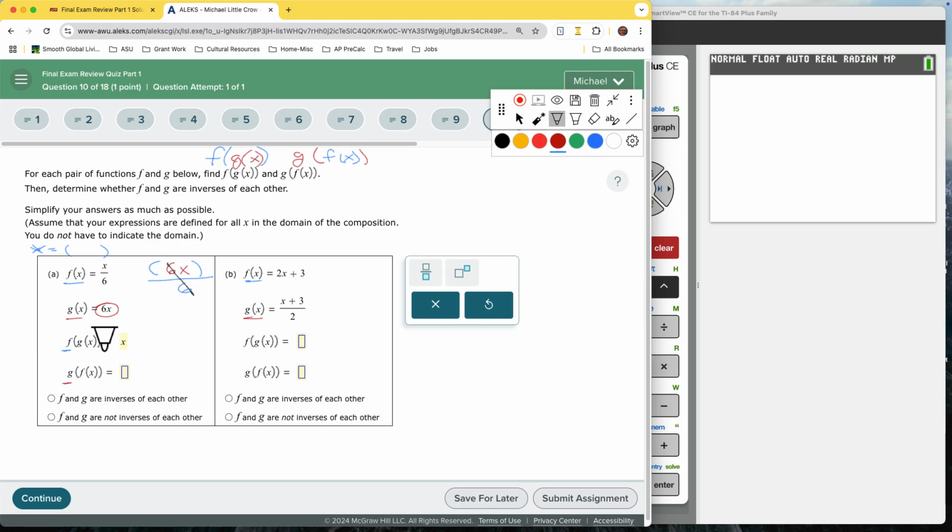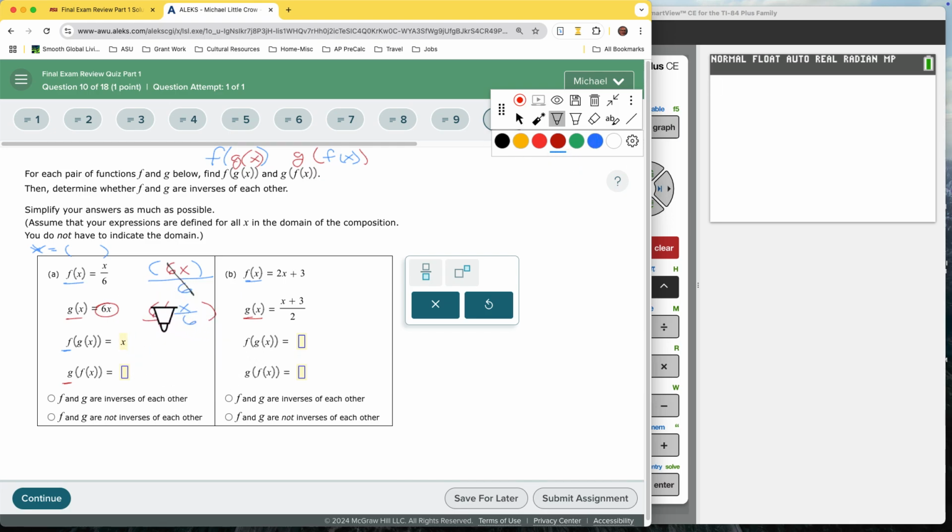We're starting with g. We take the g function and rewrite it, but instead of writing x in 6x, we put our new symbol, a big open parentheses. What goes in that parentheses? Function f, so that's x divided by 6. Now we can simplify. The parentheses are there to imply multiplication. We can think of the outside 6 as being 6 over 1.